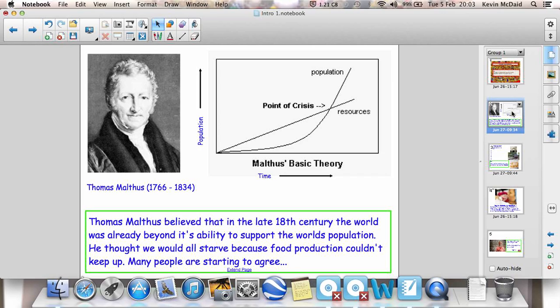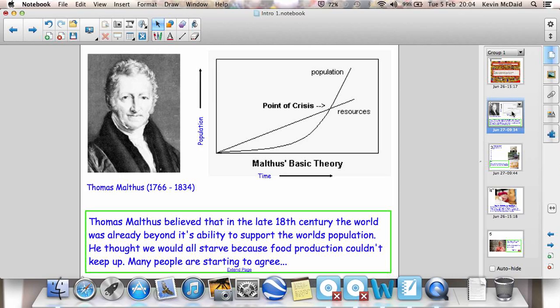Now, some might argue that we are already at that point of crisis or have gone beyond it. Others would argue that we haven't. It's all a matter of perspective. So if you're living your comfortable life here in the UK, you'll say, well, no, population may be at 7 billion, but we still have food, we still have shelter, we still have clean water.